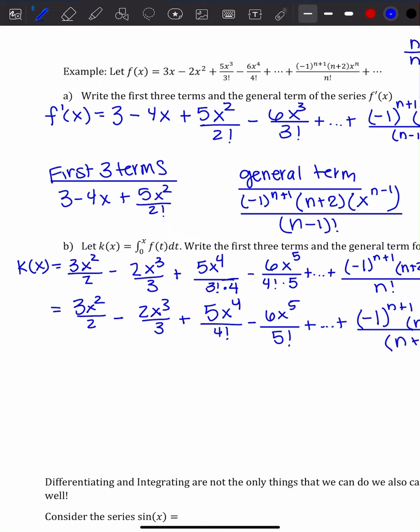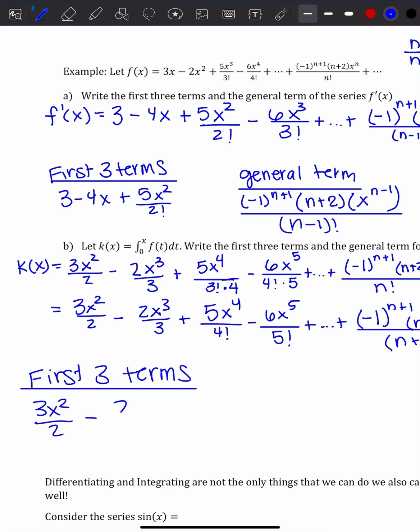So we need our first 3 terms, our first 3 non-zero terms. So we have 3x squared over 2 minus 2x cubed over 3 plus 5x to the fourth over 4 factorial. Okay, I cannot stress enough that if it wants the first 3 terms, you only write down 3 terms.